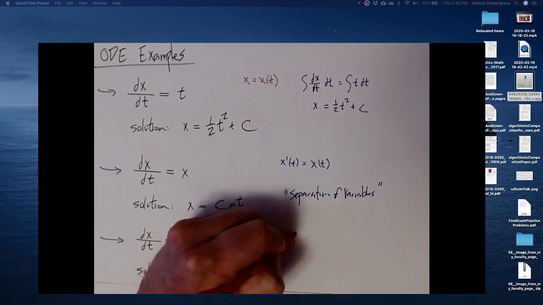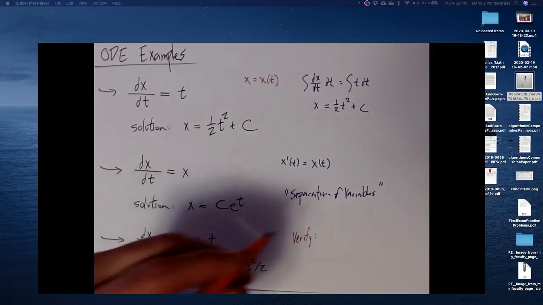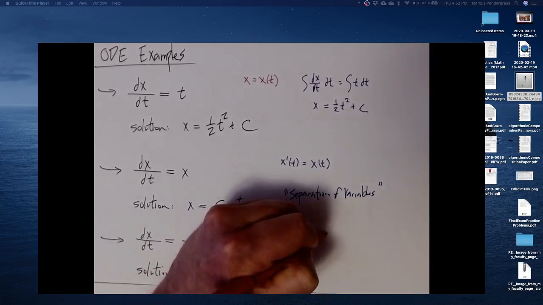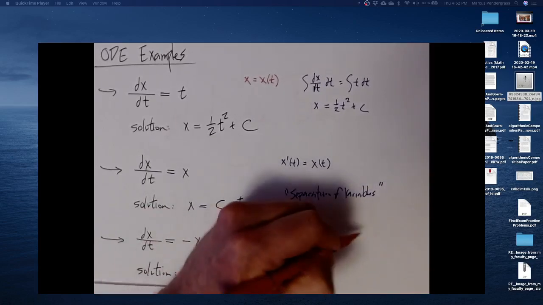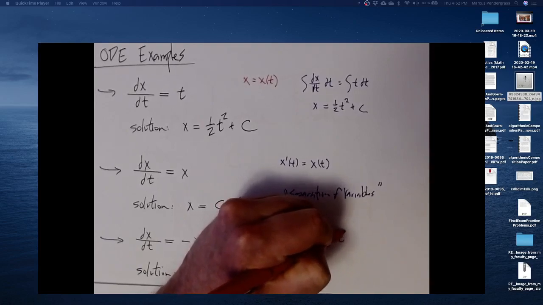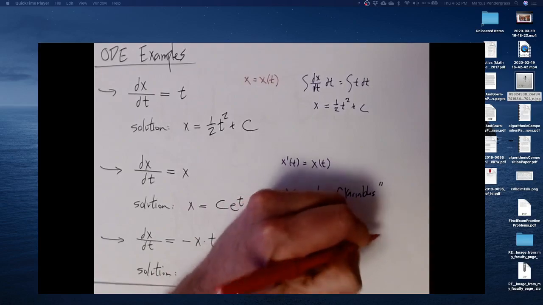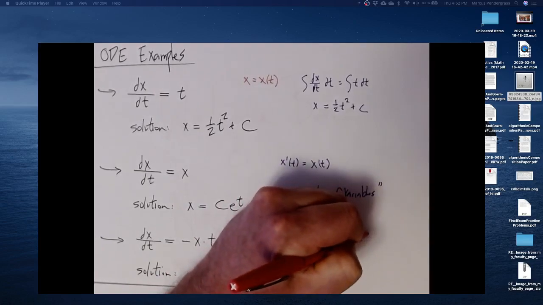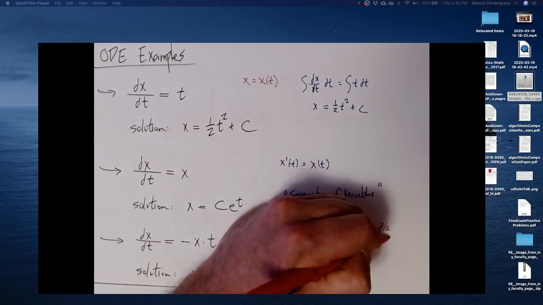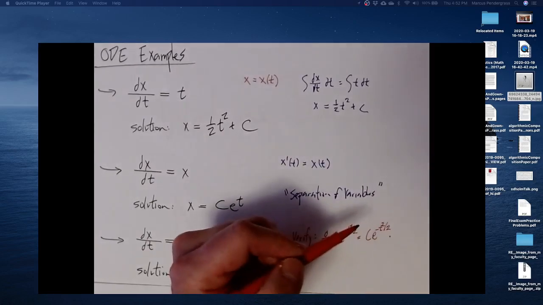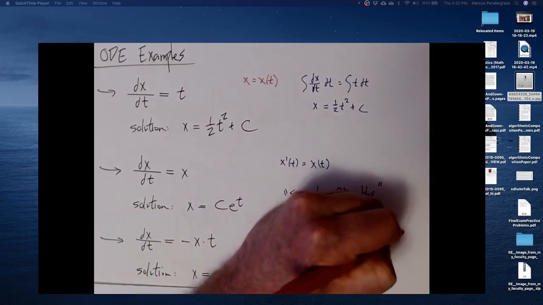So if you wanted to verify this one, we could first compute dx/dt, right? So the derivative with respect to t of our function x, which is a constant times e to the minus t squared over 2. So the derivative of that would be the constant times e to the minus t squared over 2. And then by the chain rule, I need to multiply by the derivative of the minus t squared over 2. So that's minus t.